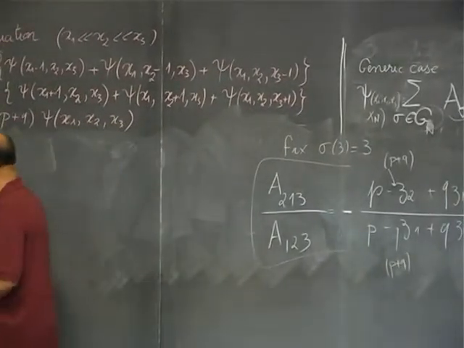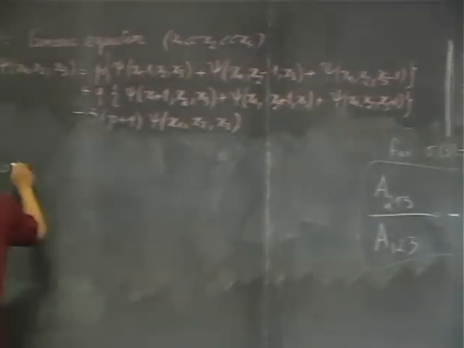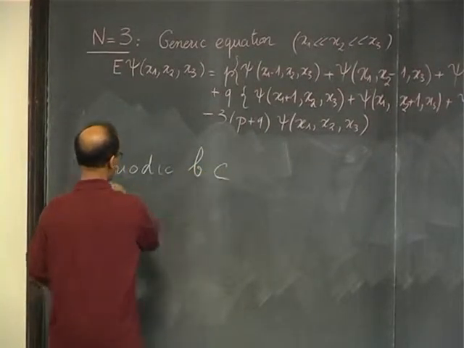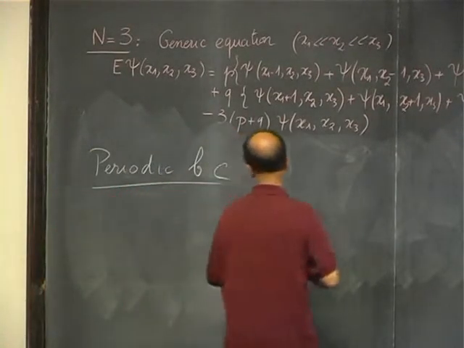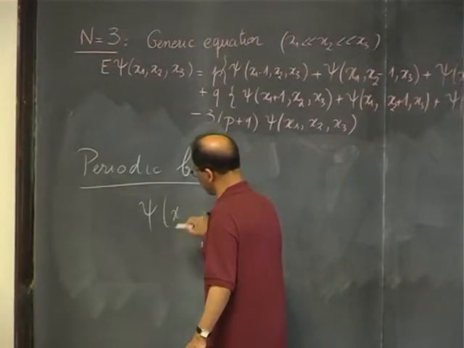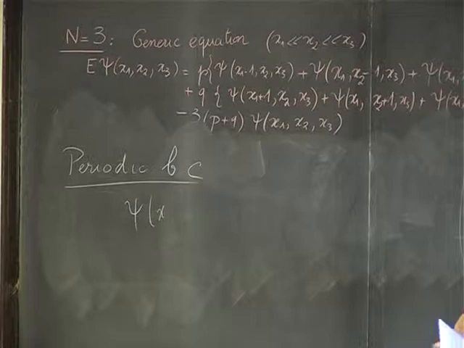So the periodic boundary condition, as you remember from yesterday, tells you that psi of, again I prefer to take my notes so that I don't change the notation and then it becomes a nightmare.